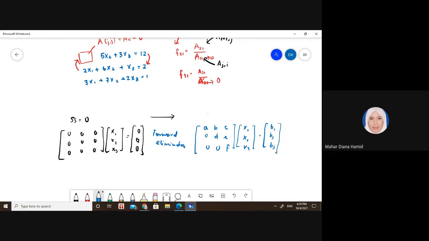And after that, we are going to ask MATLAB to store it as SS plus 1.